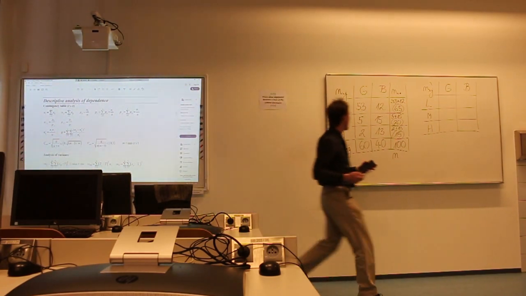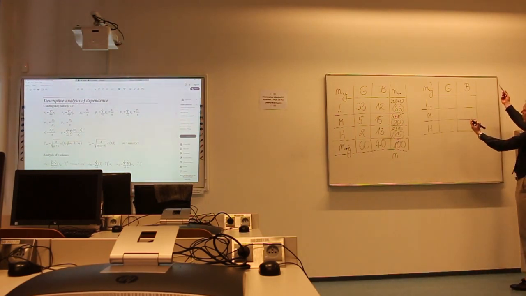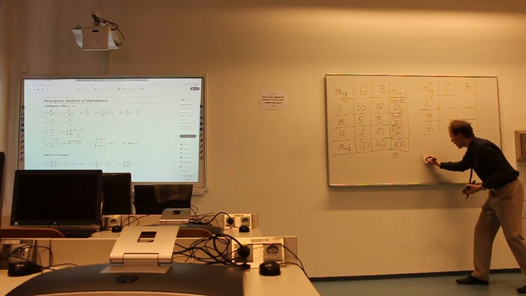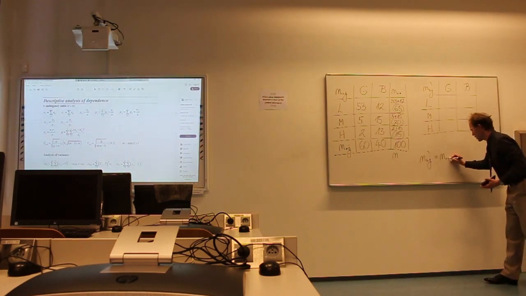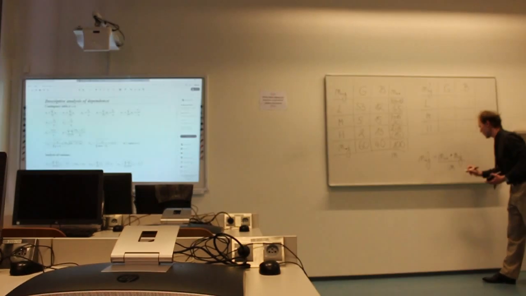We will recalculate this empirical table to another table, the expected table, table with expected frequencies. So n_ij with stripe is equal to n_i dot times n dot j divided by n.